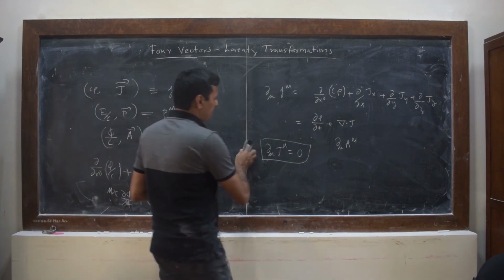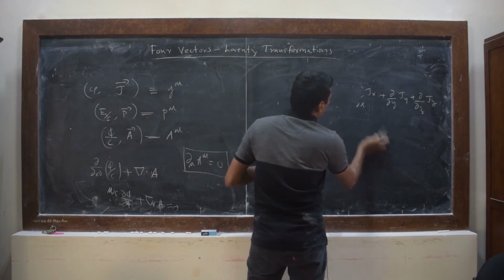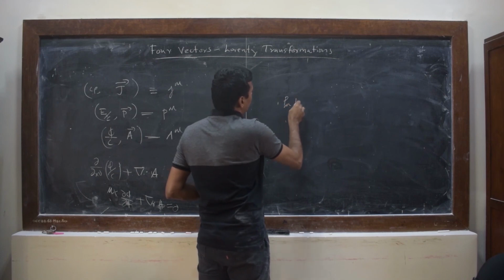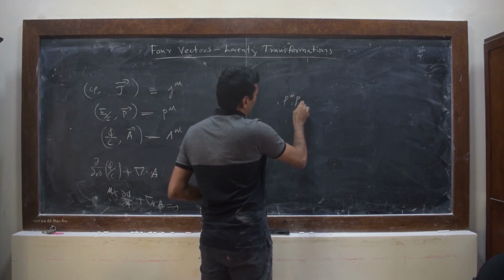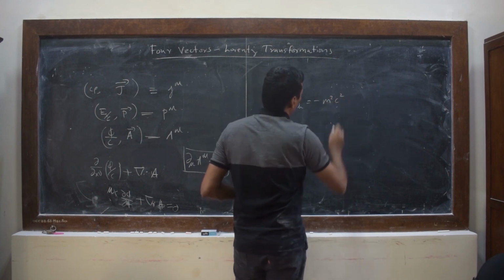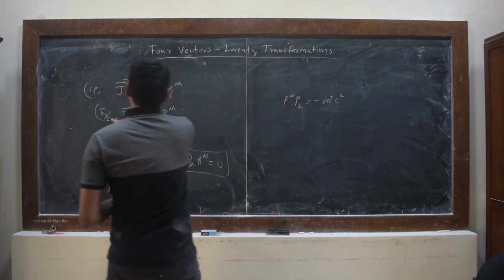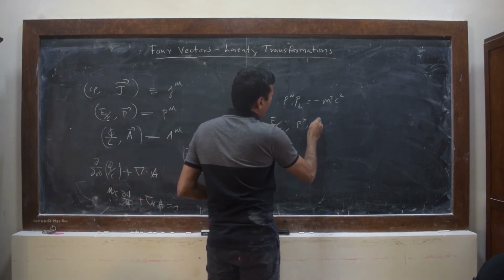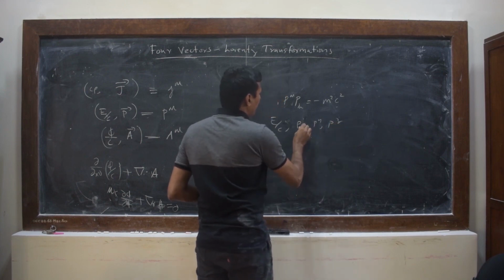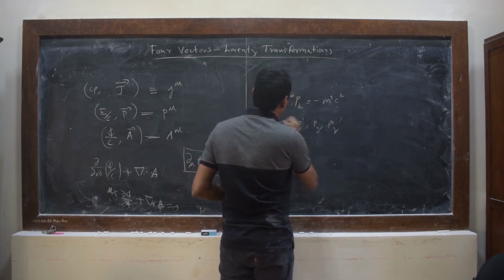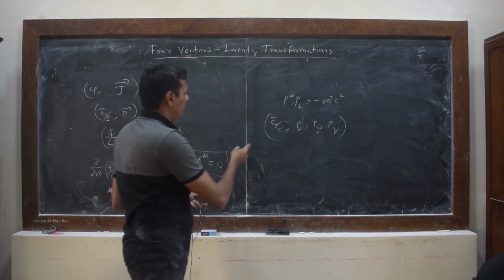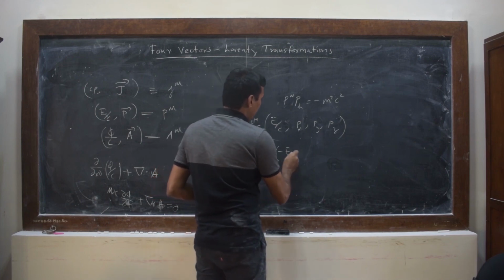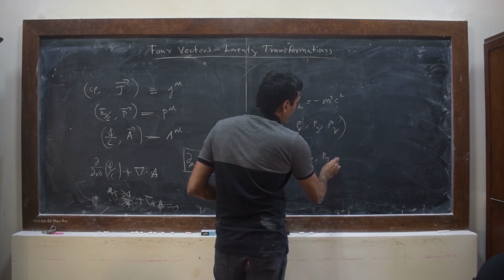Another thing is, let us evaluate P mu P mu, with P upper mu and P lower mu. P mu P mu is minus m square C square. P upper mu is E by C, Px, Py, Pz, and P lower mu is minus E by C, Px, Py, Pz.